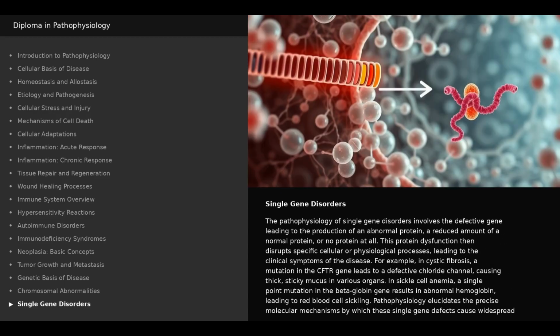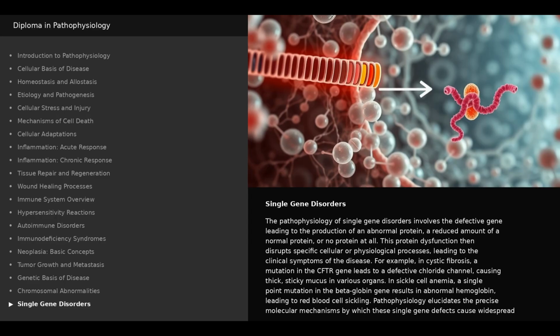The pathophysiology of single gene disorders involves the defective gene leading to the production of an abnormal protein, a reduced amount of a normal protein, or no protein at all. This protein dysfunction then disrupts specific cellular or physiological processes, leading to the clinical symptoms of the disease. For example, in cystic fibrosis, a mutation in the CFTR gene leads to a defective chloride channel, causing thick, sticky mucus in various organs.